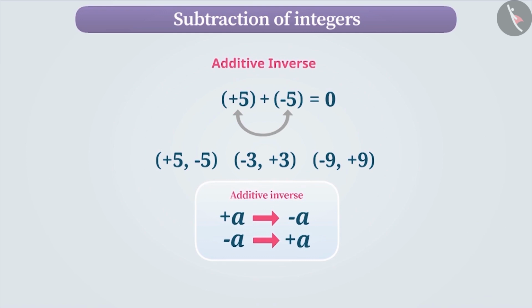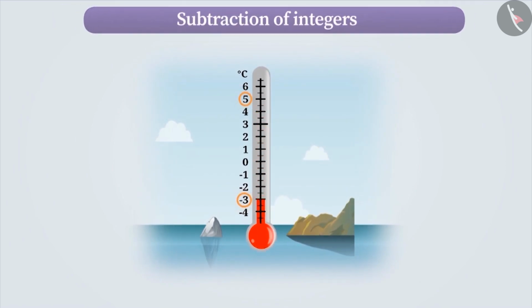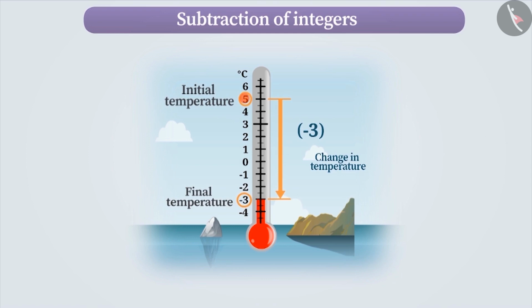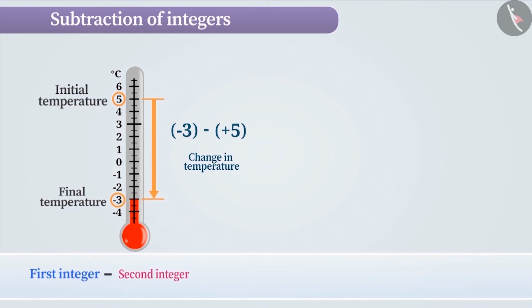Suppose the temperature decreases from +5 degrees centigrade to -3 degrees centigrade. Find out the change in temperature. How? Well, in order to do so, we need to subtract the final temperature -3 degrees from the initial temperature of +5 degrees. Whenever we subtract one integer from another, we add the additive inverse of the integer being subtracted to the first integer.